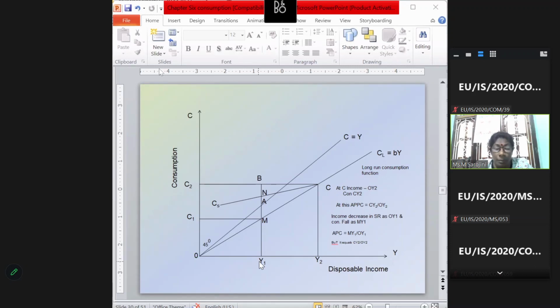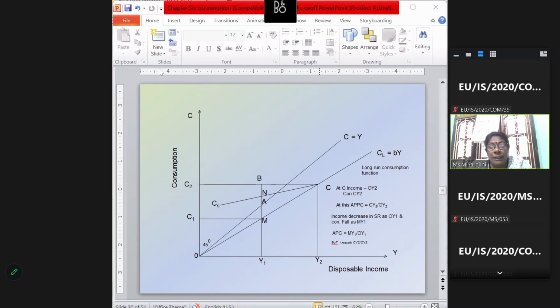right? We are going to explain the reason. That is again the ratchet effect. Here, according to the relative hypothesis, the decrease in household consumption would be less than proportional, because households resist the decrease in their standard of living when there is a short-run decrease in their income.